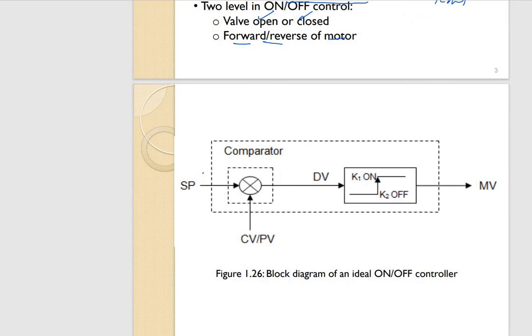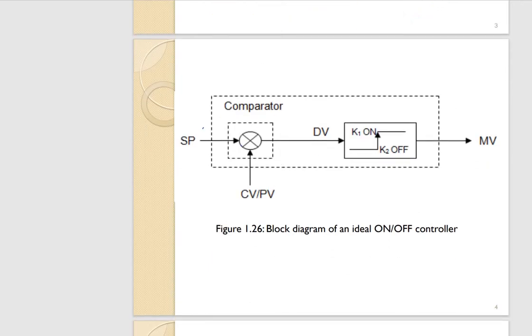Okay, so this is the block diagram of an ideal on-off controller. Same like feedback control in a previous video, we have set point as our input. It will send a signal to the comparator, and the comparator will also receive signal from the sensor.